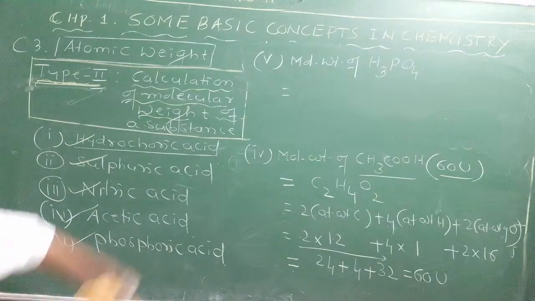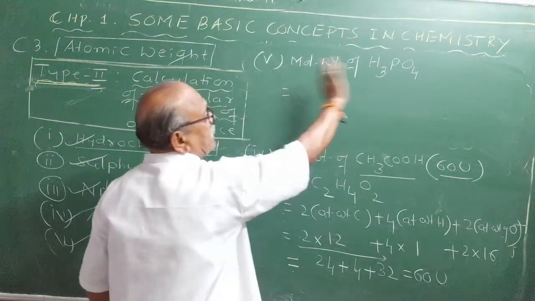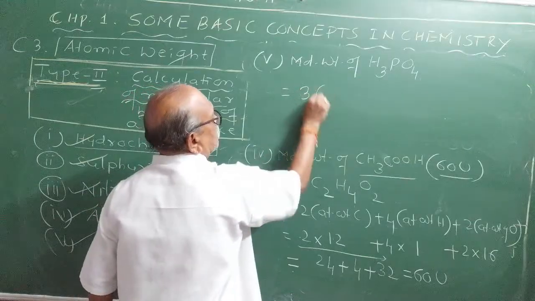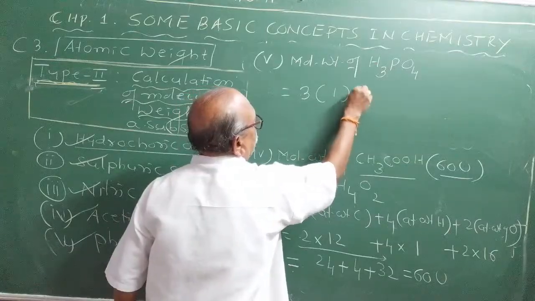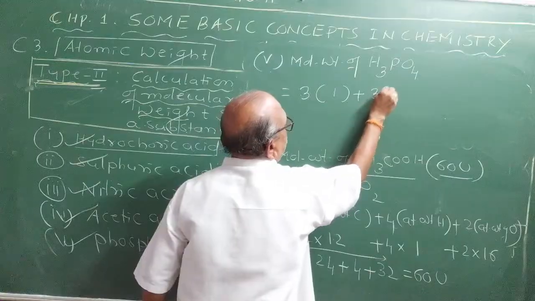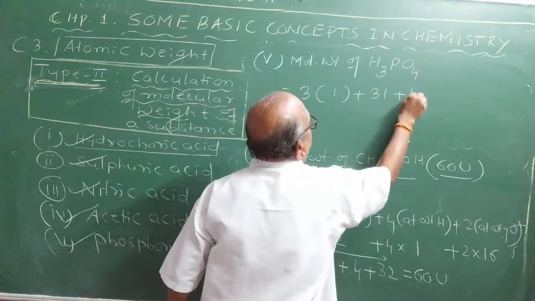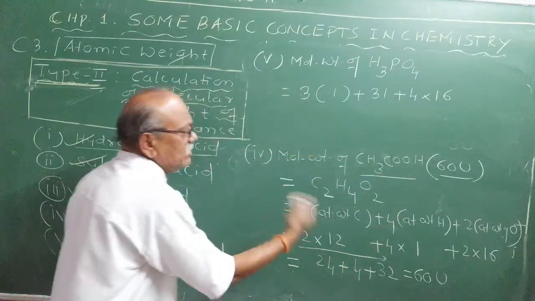Be interactive. Now, don't use a calculator. Now we start directly. What is the atomic weight of hydrogen? 1, times 3, plus there is 1 atom of phosphorus, whose atomic mass is 31, plus 4 times the atomic mass of oxygen, 16. Now you leave writing like this.